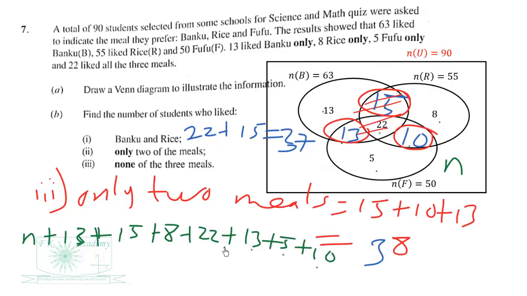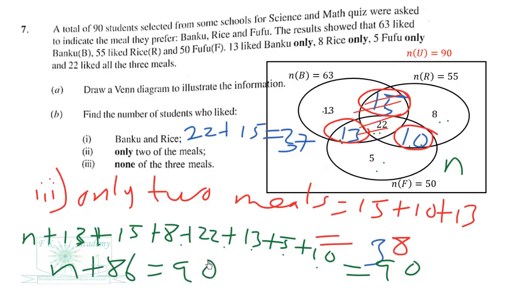To the 8th one, which is n, should be equal to 90. So we get n plus 86 is equal to 90. And n is equal to 90 minus 86, which is 4. So 4 students do not like any of the three meals.